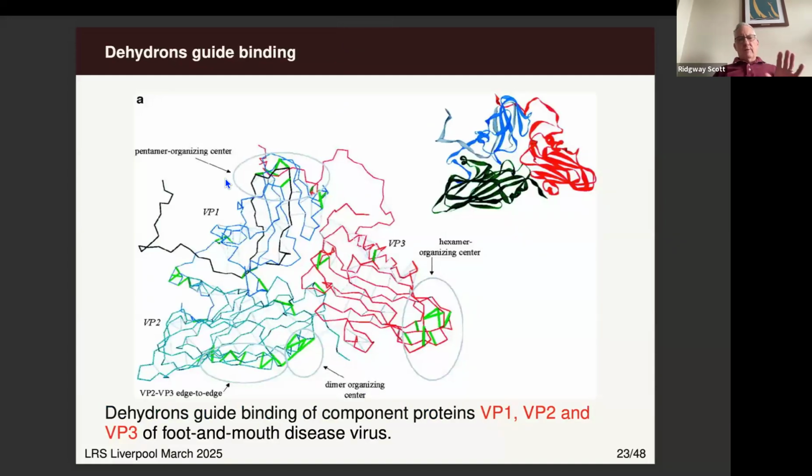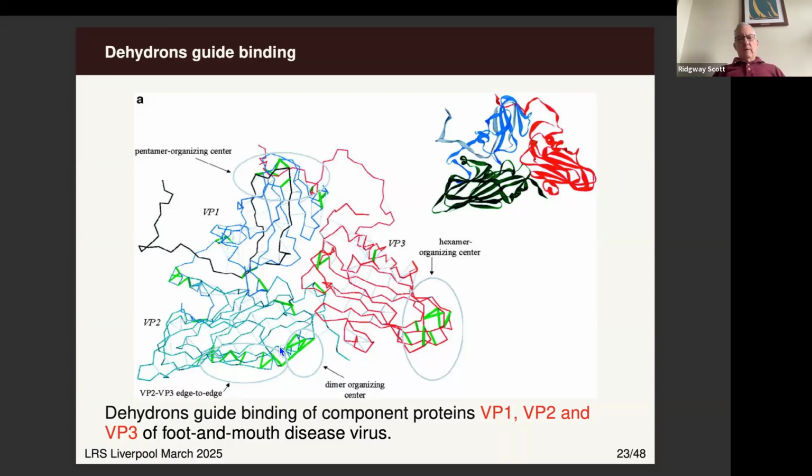This is a little bit hard to parse. You have to study it closely, but you need to know where these different proteins meet to form the virus shell. And invariably, there are dehydrons at these points where things get associated. So we'll leave that to you to examine in more detail.